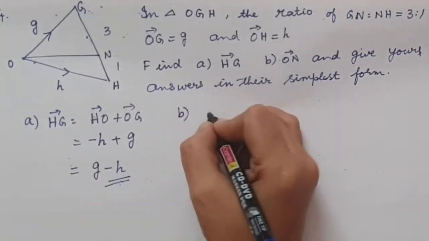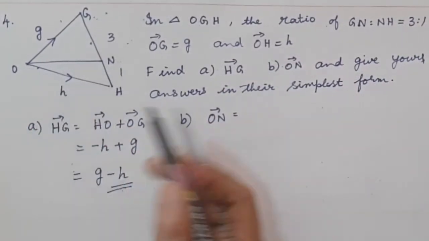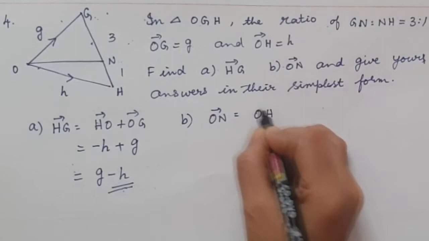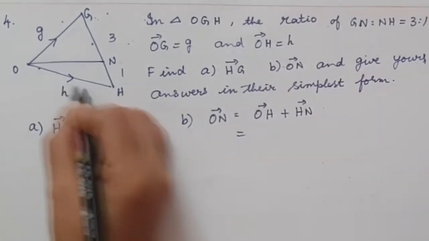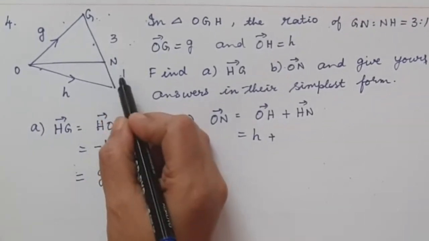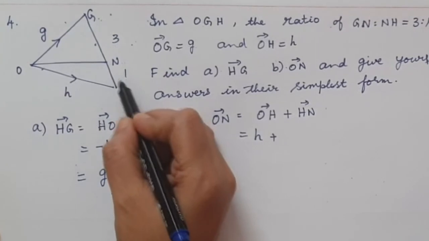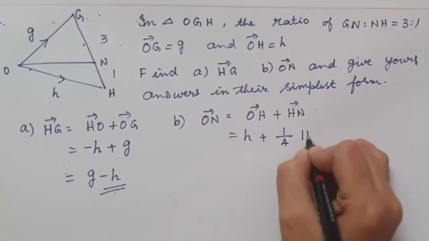Now the B part, we need to find ON. In order to find ON, we can go OH plus HN. We know OH is H. And for HN, the total is 4 parts and this is 1 part. So it will be 1 by 4 of HG.